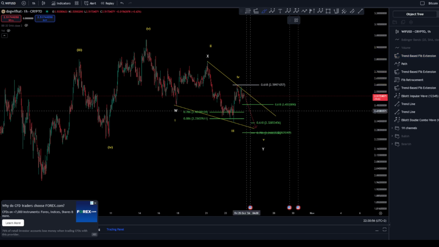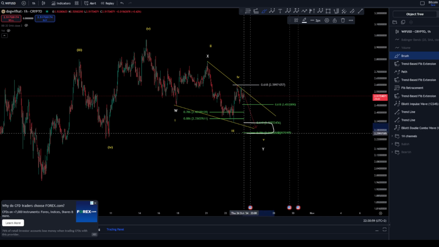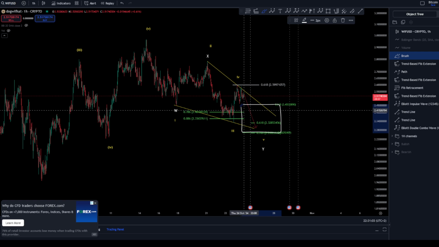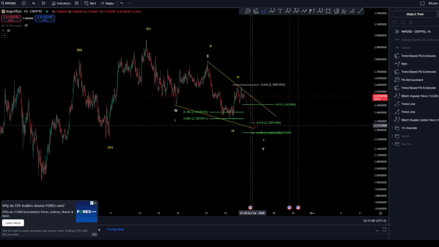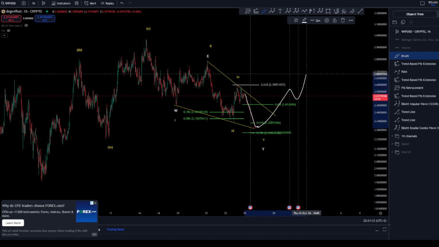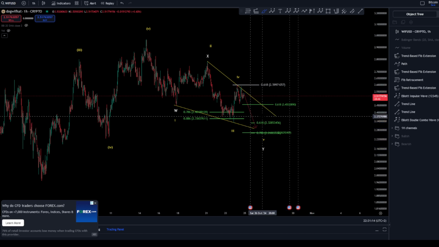However, diagonal should only finish here. Okay, but your wave Y can finish anywhere here. So this is a tricky thing, right? However, if we finish here, so it might be much more possible that you go with wave 2 and then move down after a contracting diagonal.